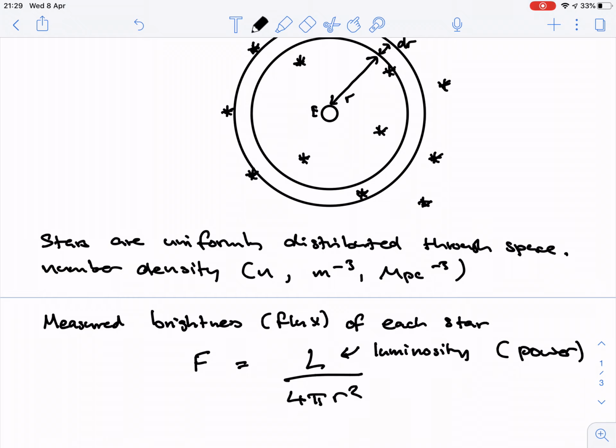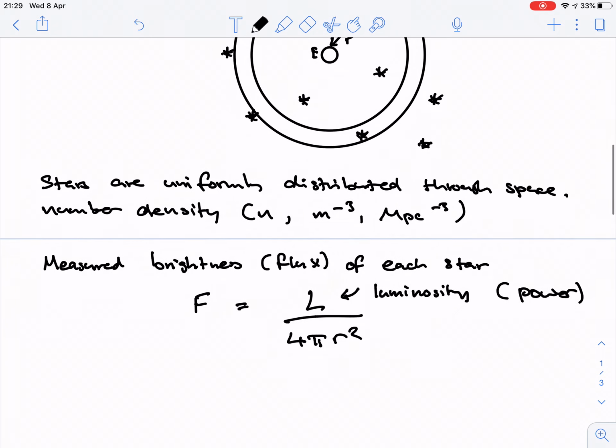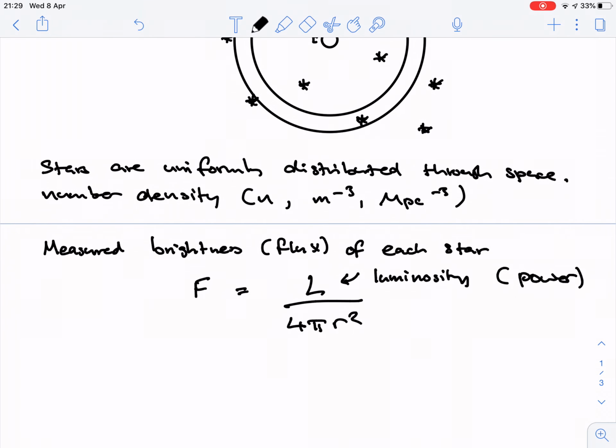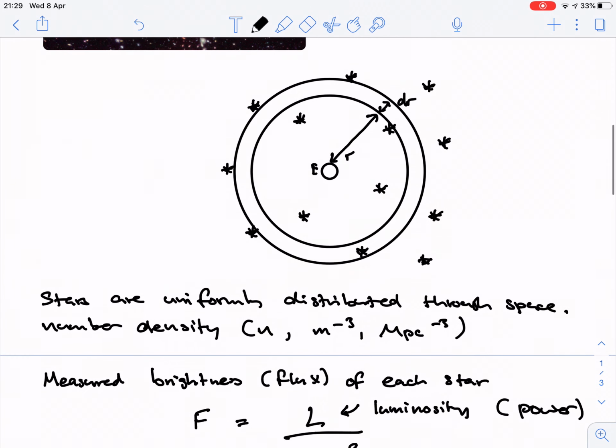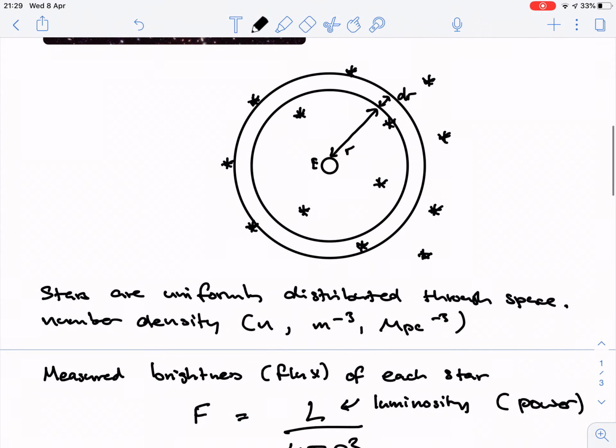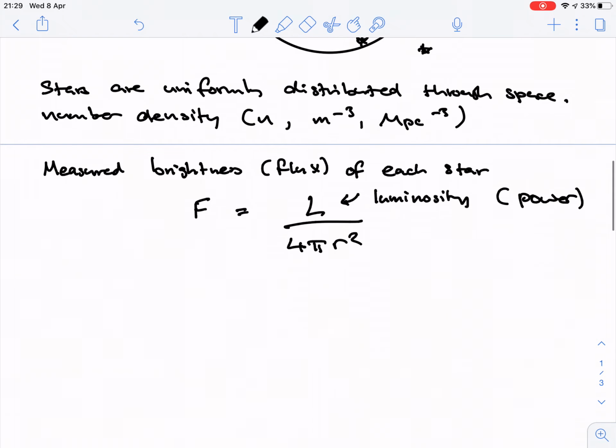In other words, I take my luminosity, I illuminate the inside surface of a sphere with that star. Now, of course, I don't just have one star, I have very, very many stars. So what I'm going to do, and what I've drawn up here, is essentially splitting this into a series of shells.